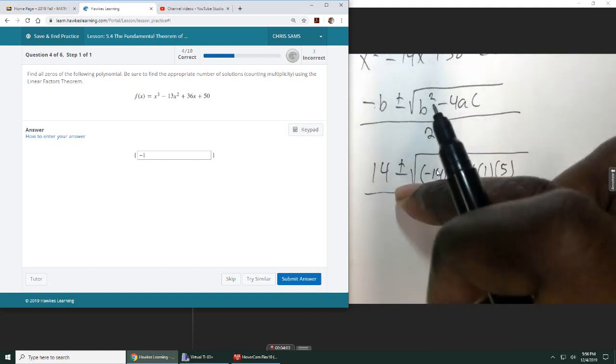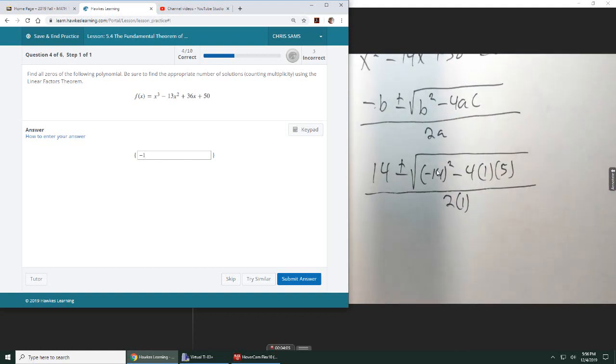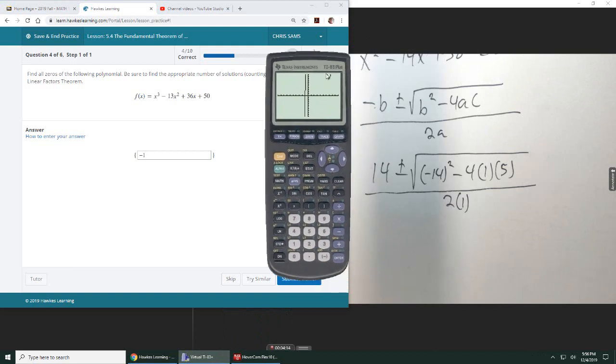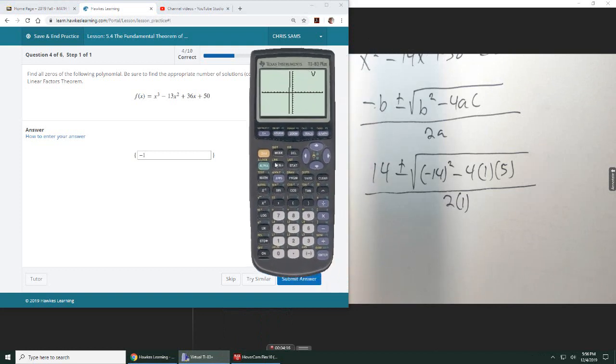Okay, so under the square root, I'm going to combine all that together, but we'll just compute it with the calculator. So I'm going to do second square root, clear out what I got. I don't even need to do square root. I'm just going to do what's underneath the square root.